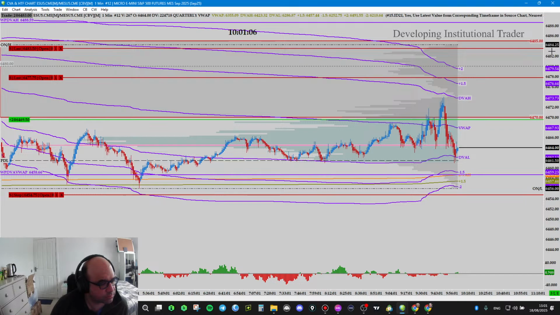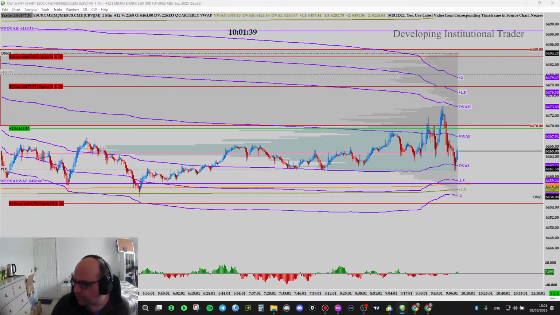Again, quite choppy action. It seems there's a lot of absorption of the buyers just right above us.